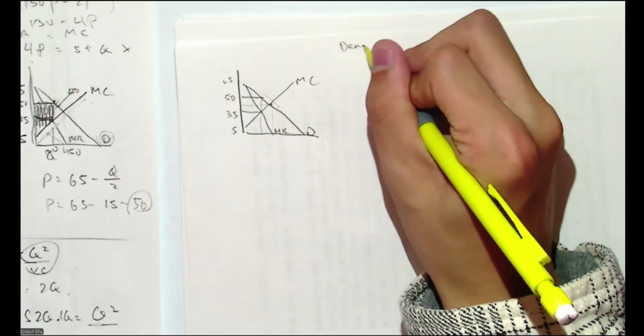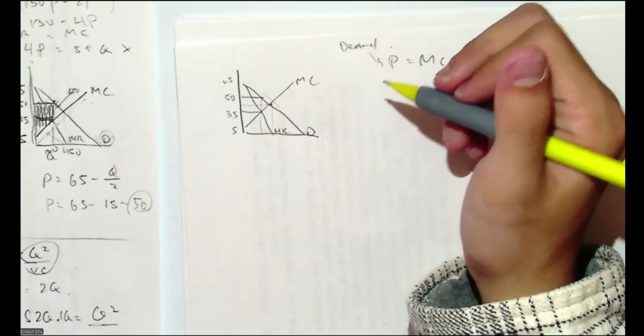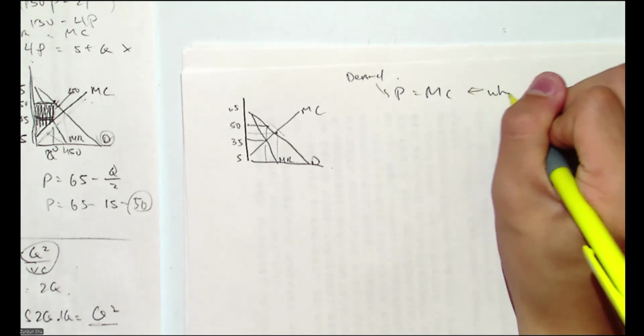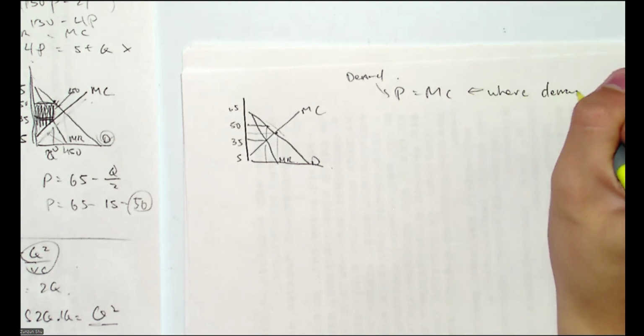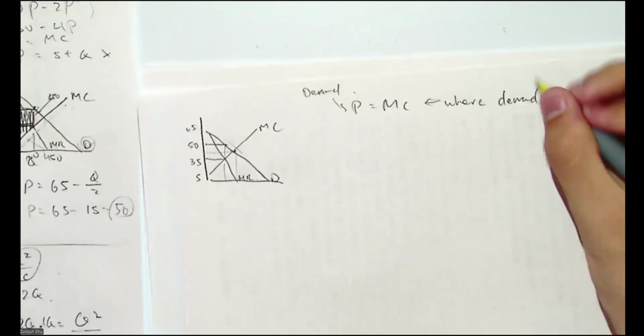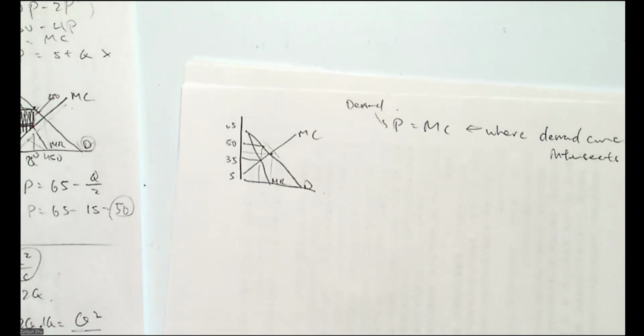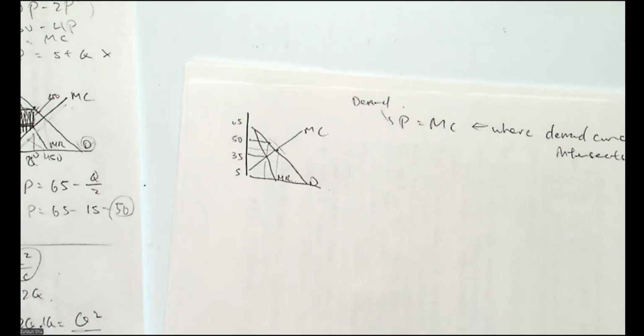Now, by the way, sometimes on these questions, if we give you P equals MC, you might not know what the P means exactly. What it means is that it's just where the demand curve intersects MC. Well, why? First, remember your demand curve.